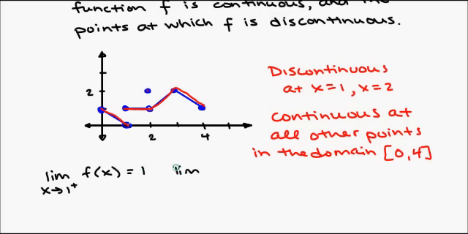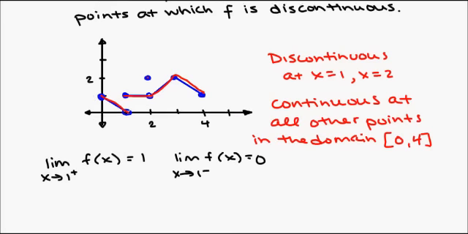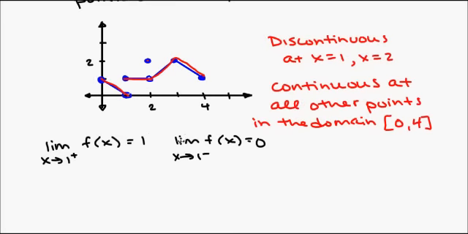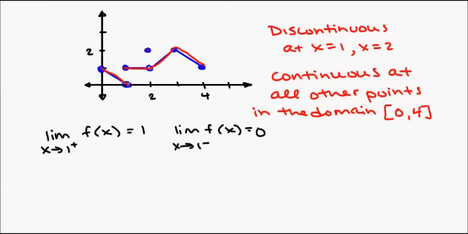And the left hand limit, coming this way, is 0. So 1 and 0 are two different numbers, so it's discontinuous there. When the right and left hand limits aren't equal, you have a discontinuous function.